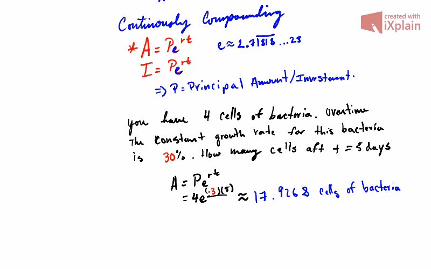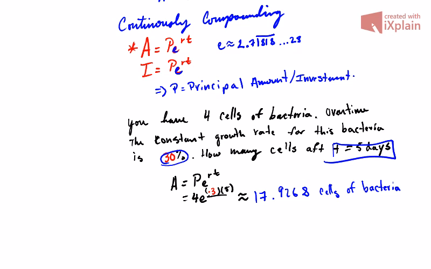So the greater this number right here is, the faster it grows. This just acts as a multiplying effect, so that each day it grows by a certain rate. In this case, it grows by 30% each day of whatever e is, and then you multiply that by 4.